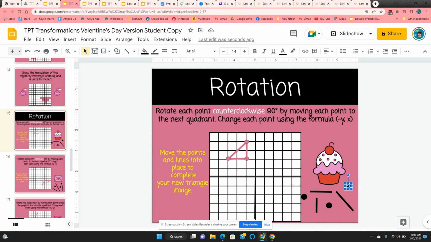They just click and hold on the point. The next point, (-1, 4), will now be (-4, -1). The last point, (-3, 2), will now be (-2, -3).